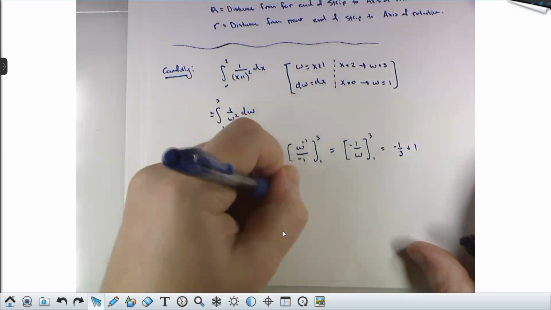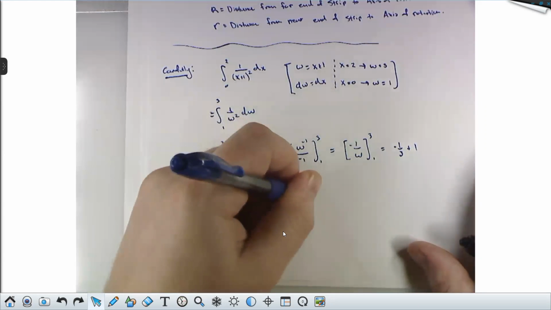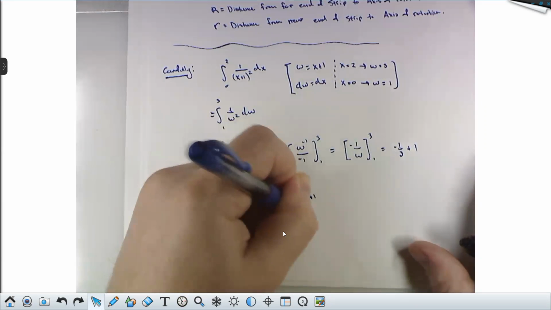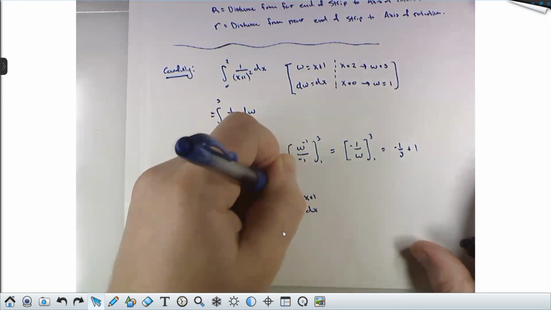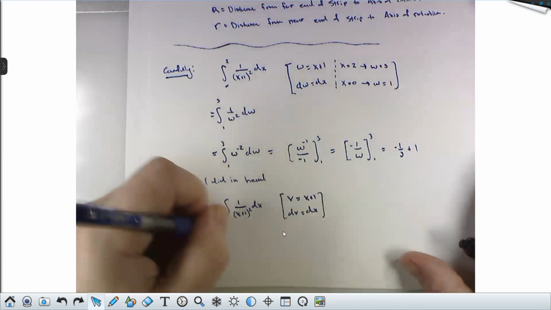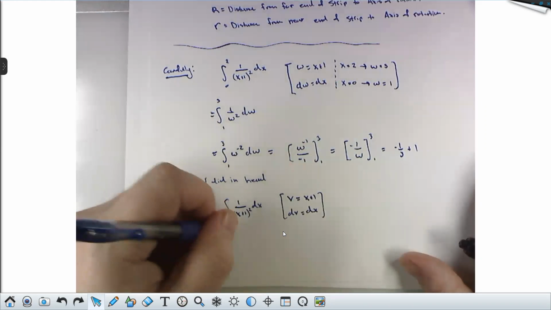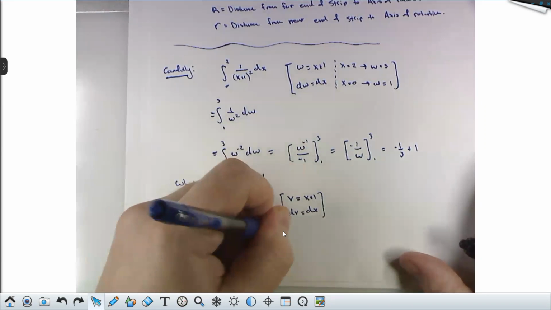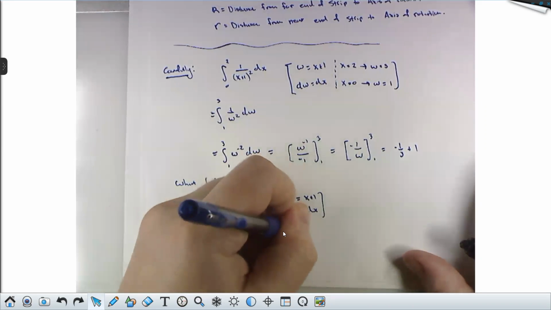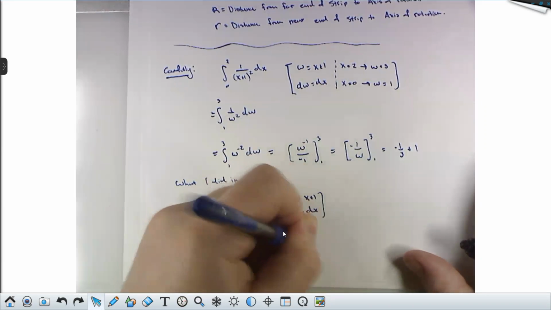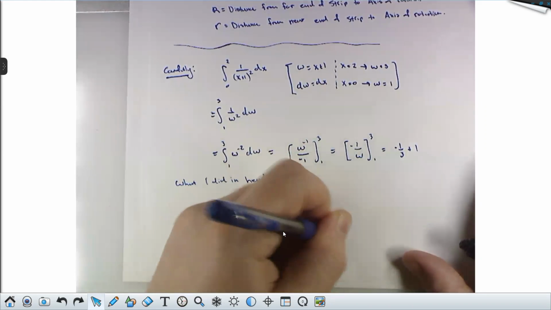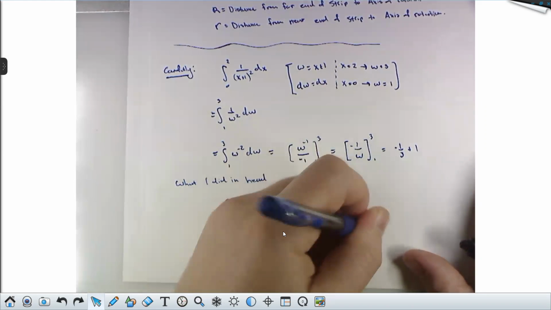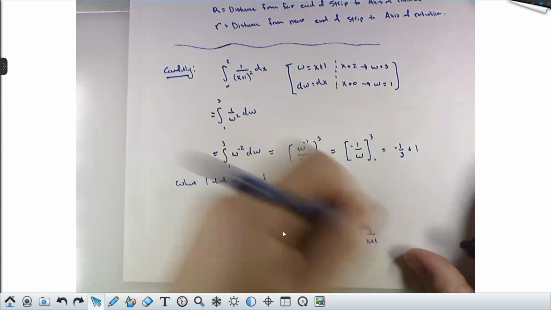The substitution would be V equals X plus 1, same thing, dV equals dx, but I pretend it's an indefinite integral. So this becomes the integral of 1 over V squared dV, which I know is V to the negative 1 over negative 1, which is negative 1 over V, which is negative 1 over X plus 1.